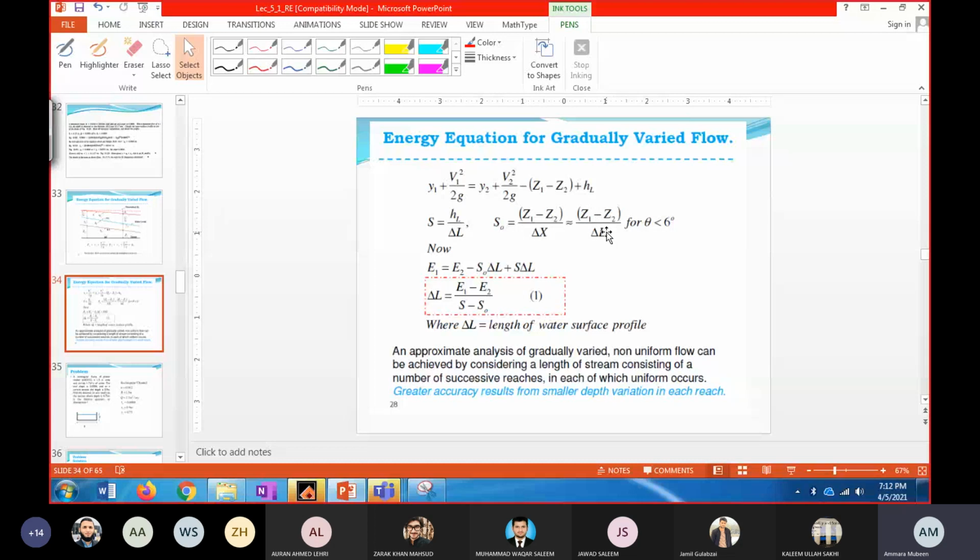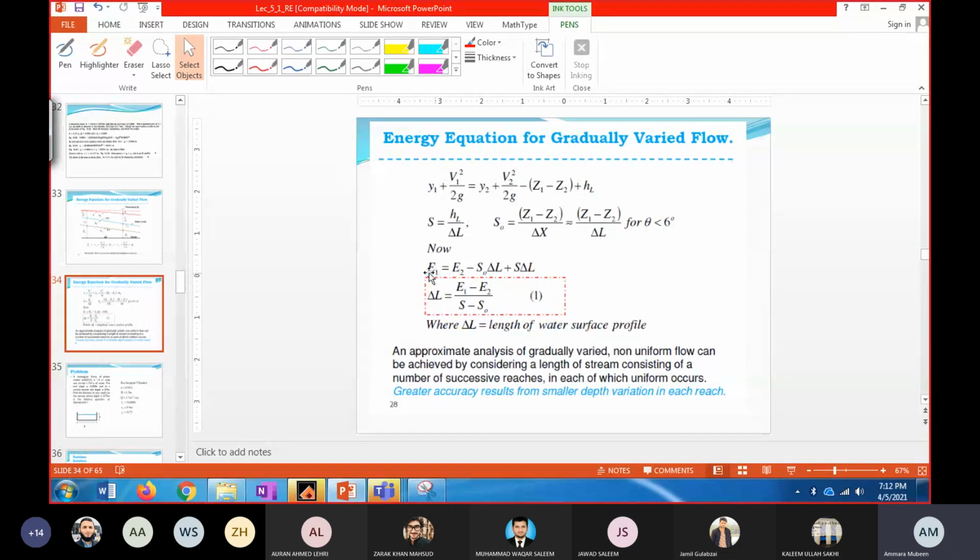The delta z over delta L is sine theta, and this is tangent theta, delta z over delta x. So in this case, theta value is less than 6 degrees. So you can safely assume that sine theta is equal to tangent theta. Putting these two values in equation 1, you'll get this formula.